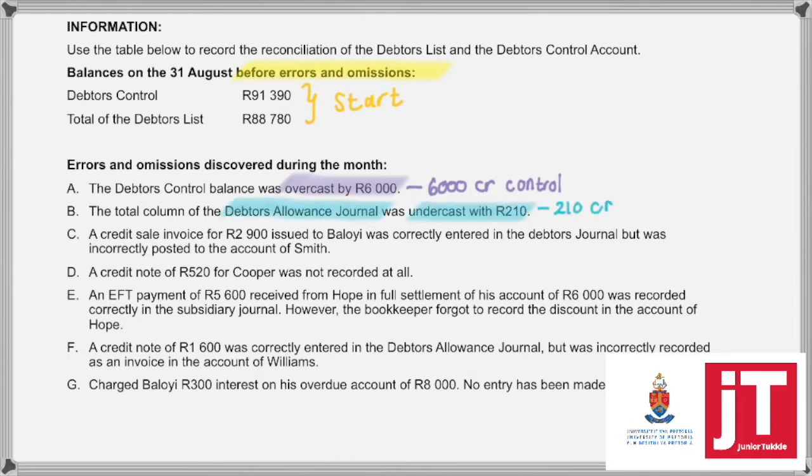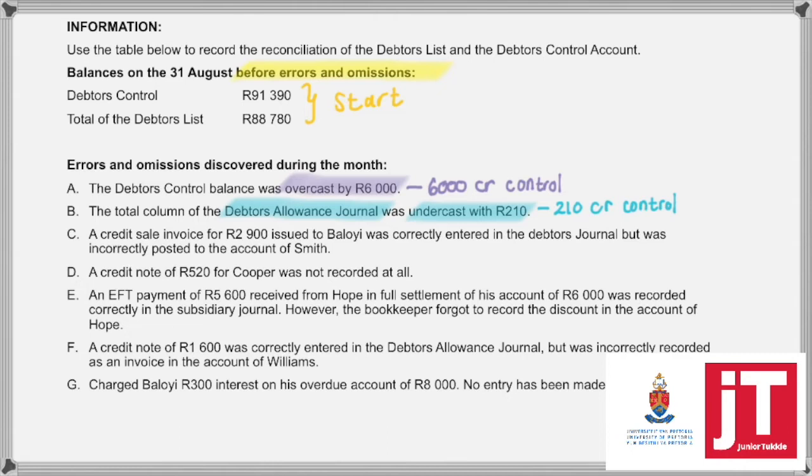So you must minus off another 210 Rand from the control account. So credit the control account again. If it was overcast, then you would have added it because then your debtors allowance journal would have minused too much. But because debtors allowance journal minuses the control account and we undercast, in other words, we minused too little, you're going to just minus another amount, so the 210 Rand.